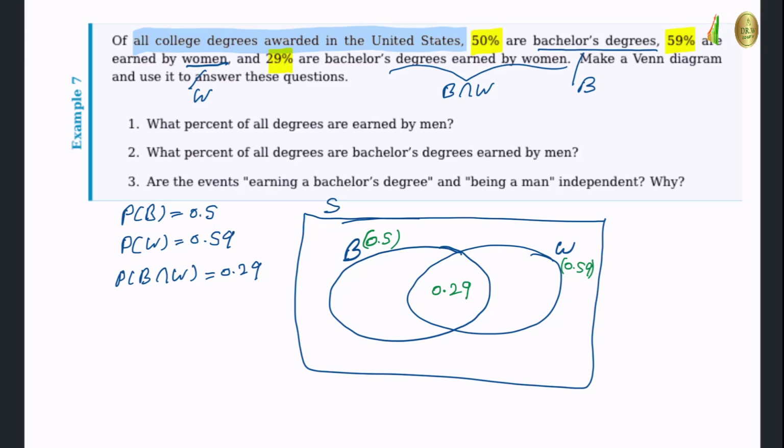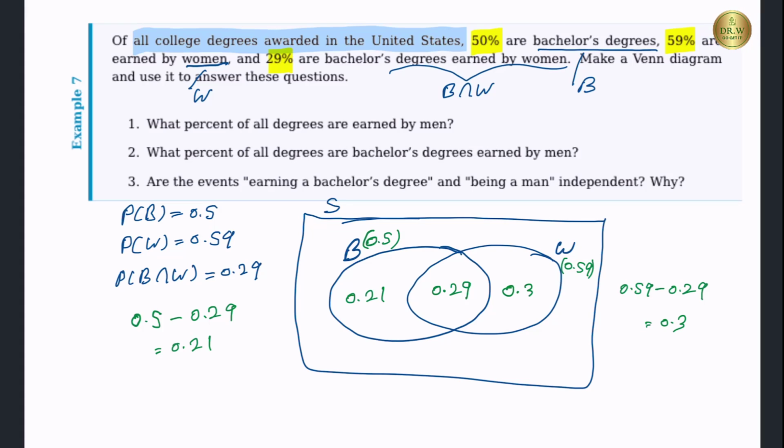Whole area of B probability is 0.5, then intersection is 0.29. We subtract 0.29 from 0.5, that is 0.21. So you can write here 0.21. It is the only B. Similarly, only W: total probability of W is 0.59 and intersection is 0.29, therefore subtract, that is 0.3.